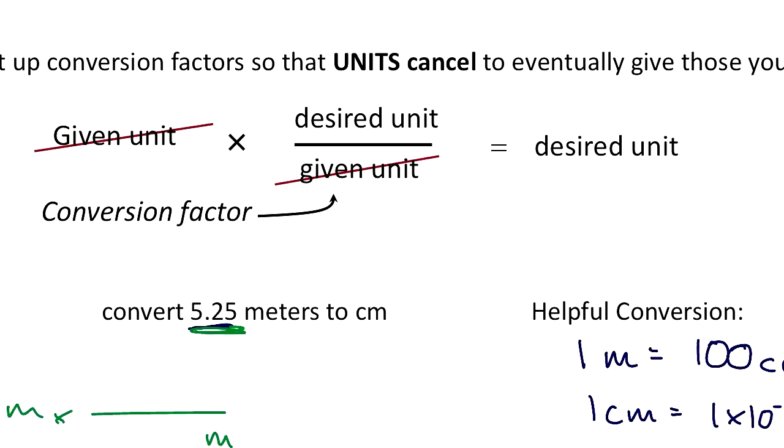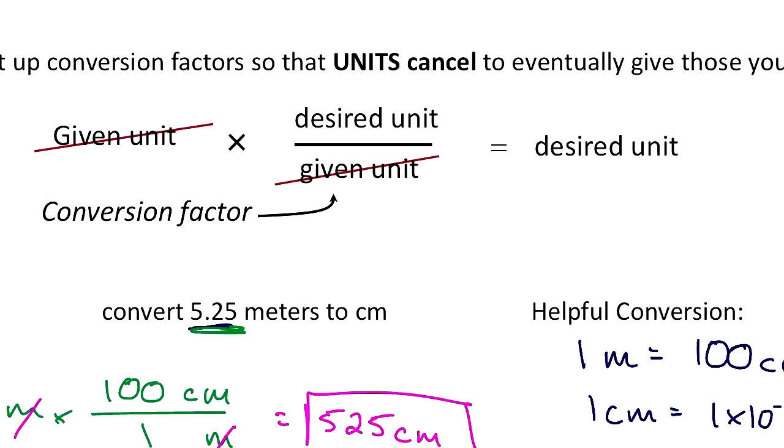I see that there's 1 meter in 100 centimeters. And so when you cancel out your units here, all right, meters cancel, we get that this equals 525 centimeters, all right? And that would be our answer, all right? So we're taking these equalities, turning them into fractions, getting those units to cancel appropriately.